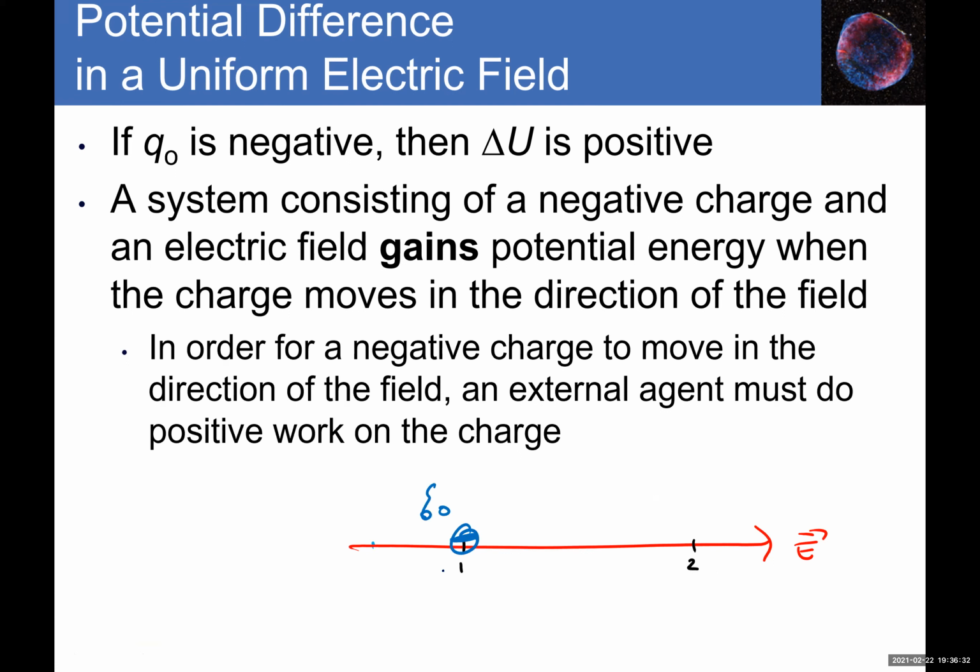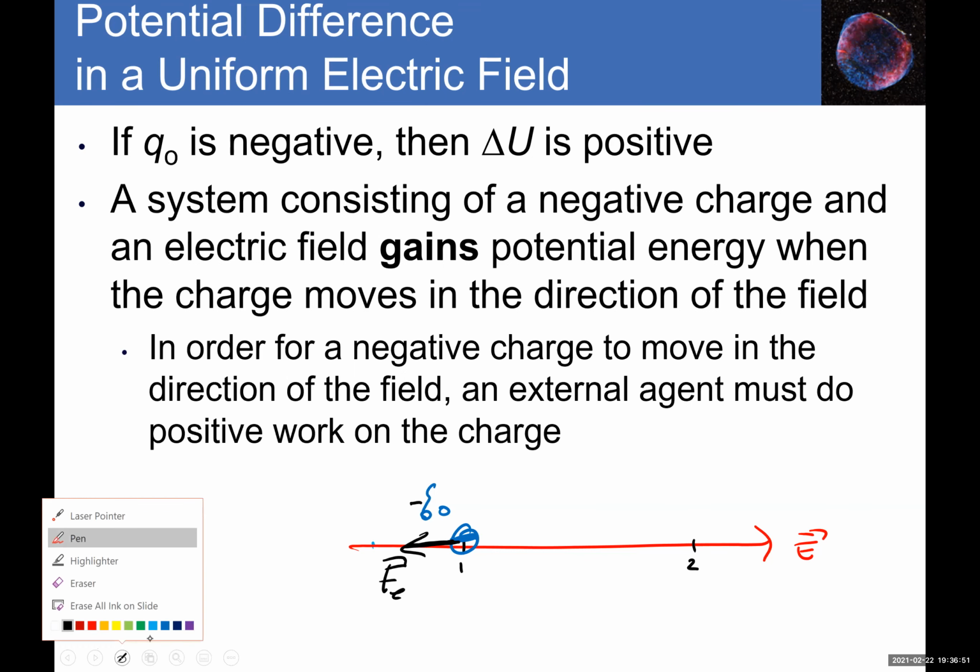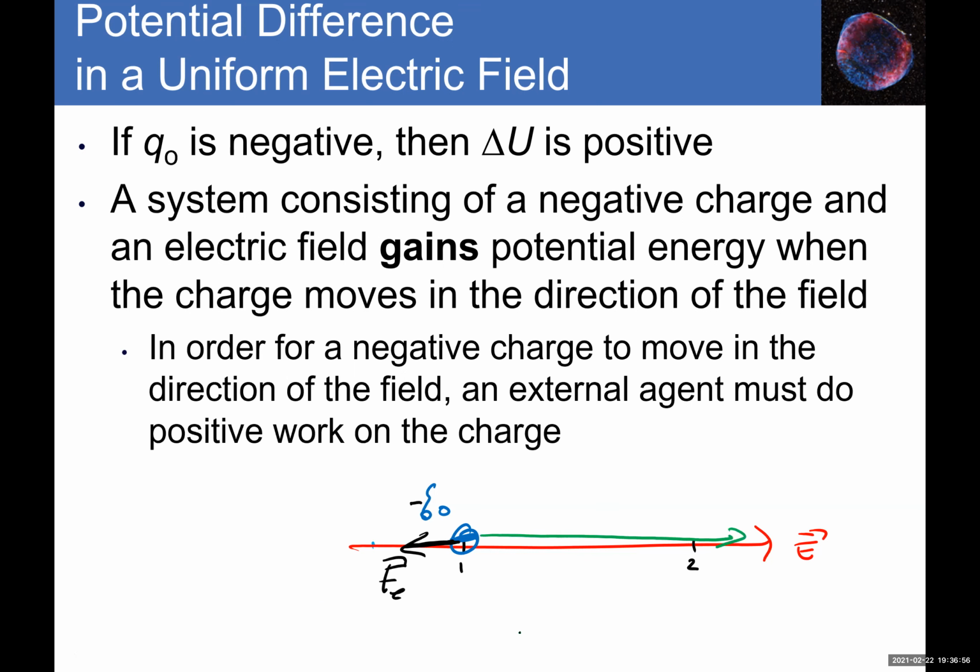I place the test charge at point 1. In which direction is the force acting on it? Think about it. In which direction is the force acting on a negative test charge? Remember, it has to be always opposite to the direction of the electric field. This is the force.